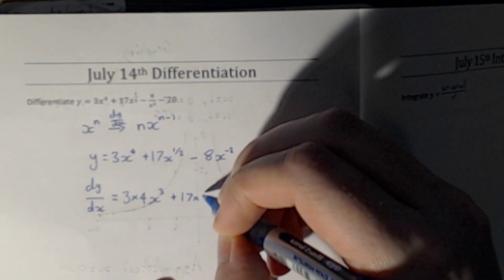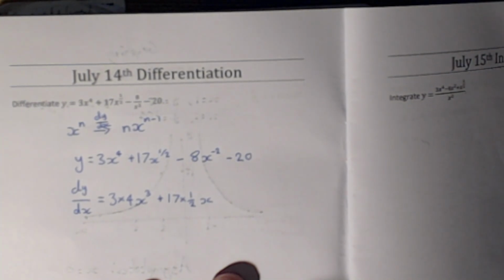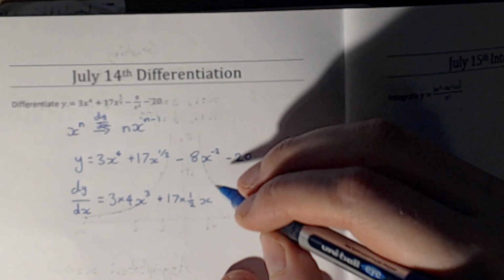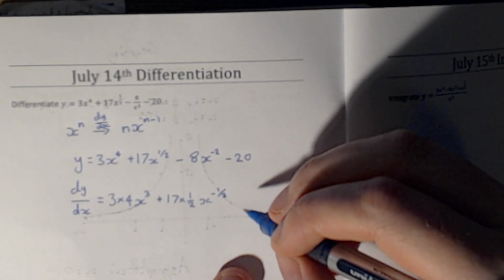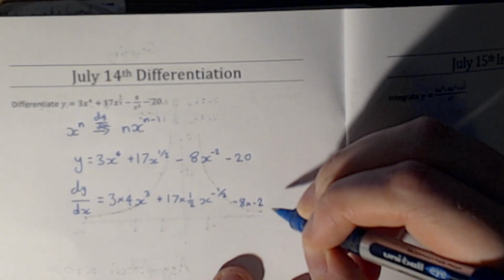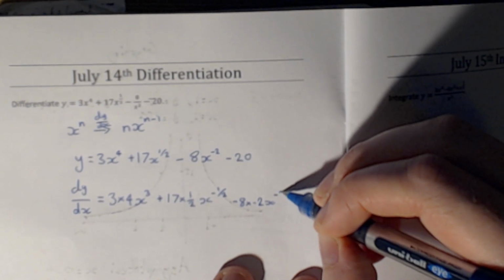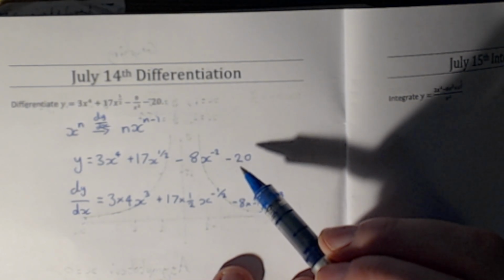Plus 17 times a half x. Now, think about our power, we've got a half, we're going to subtract 1 from that, so that's going to become minus 1 over 2. We're going to have minus 8 times minus 2, x, and our power here is minus 3. And finally we have this minus 20.